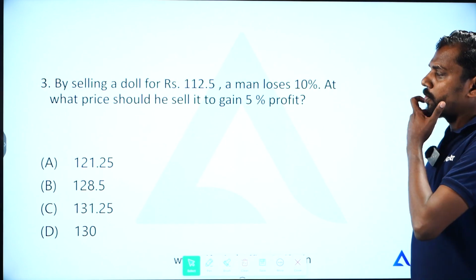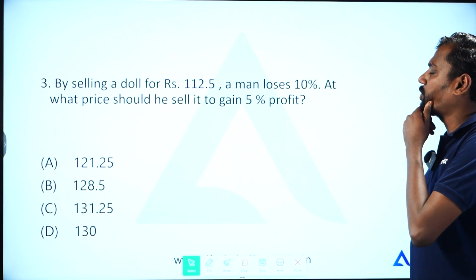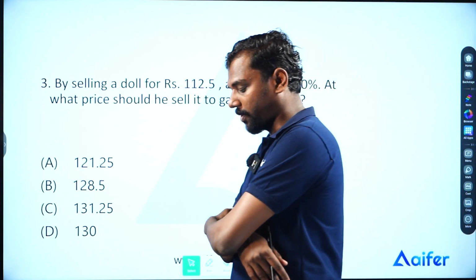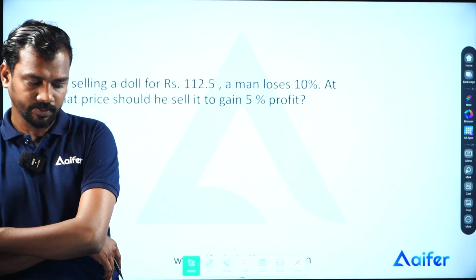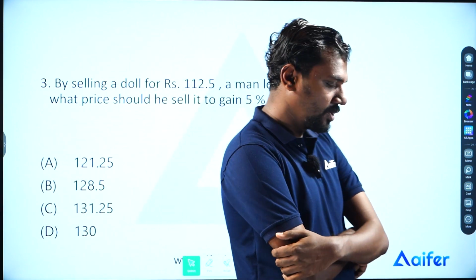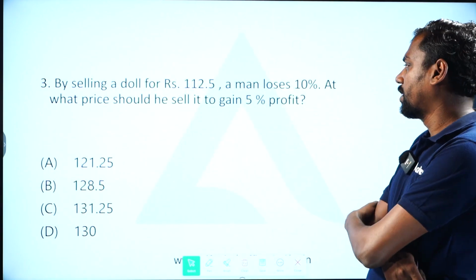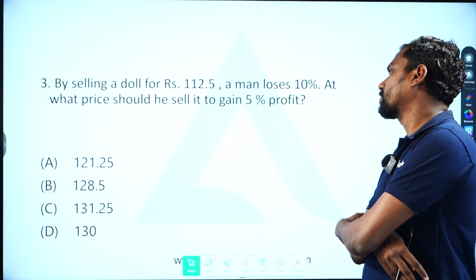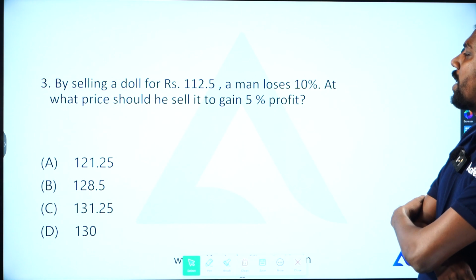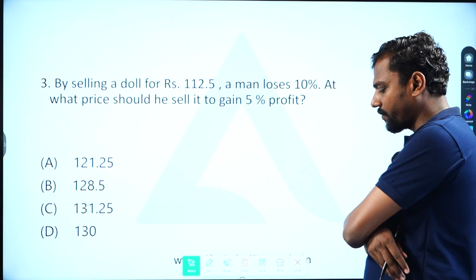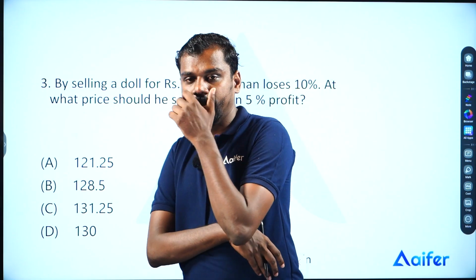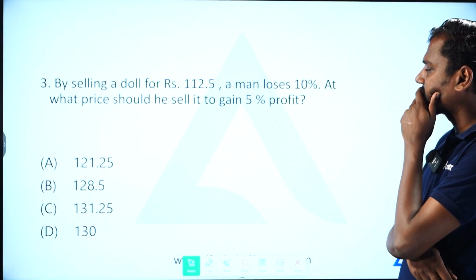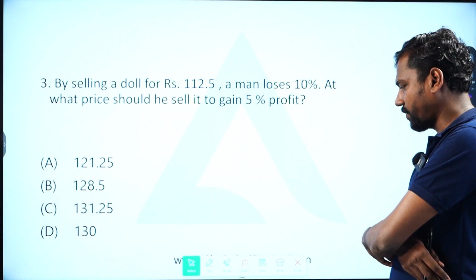By selling a doll for rupees 112.5, a man loses 10%. At what price should he sell it to gain 5% profit? That is the question. Try to do it.